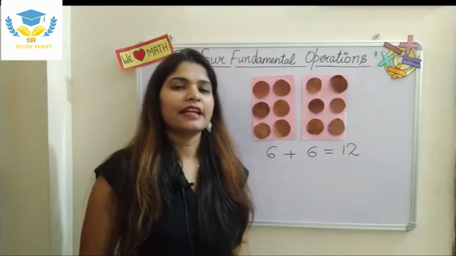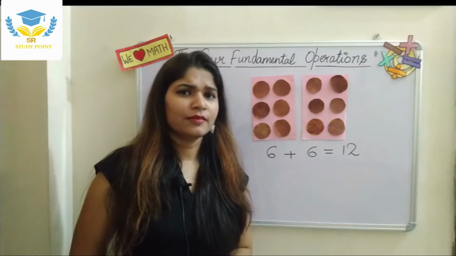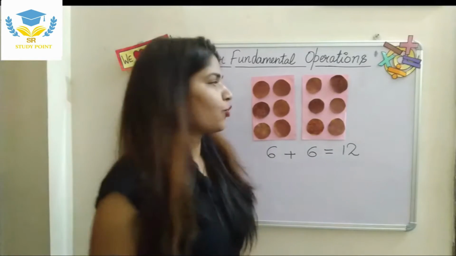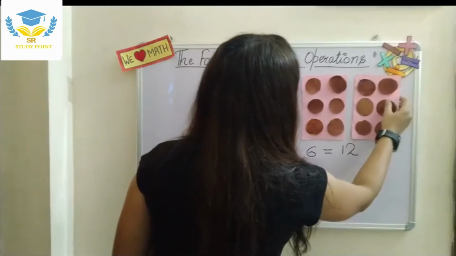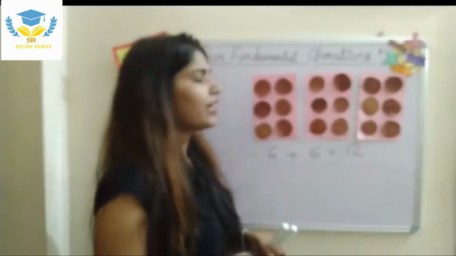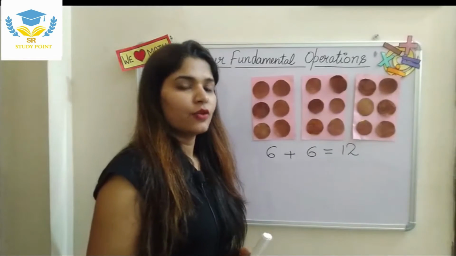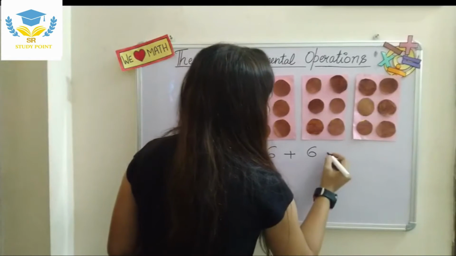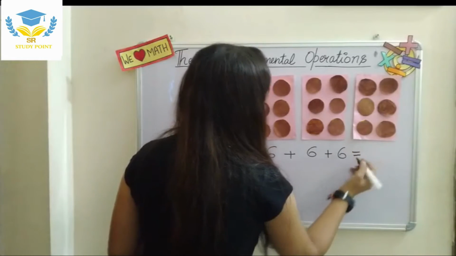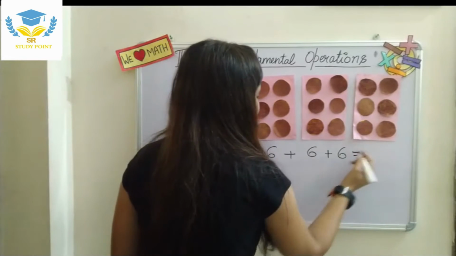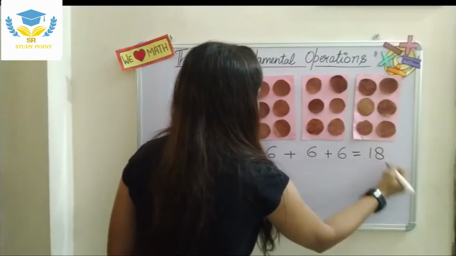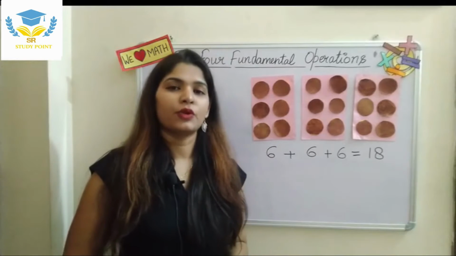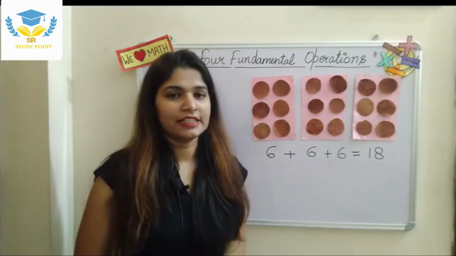Now what if one more tray comes? If we bring one more tray of cookies, how many cookies do we have together? Yes, we will add 6 more cookies and we will have 18. Now there are a total of 18 cookies with us.